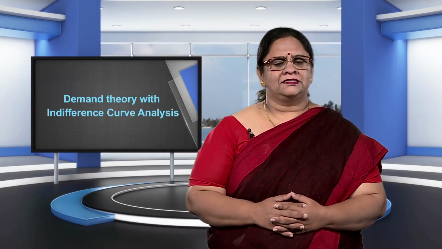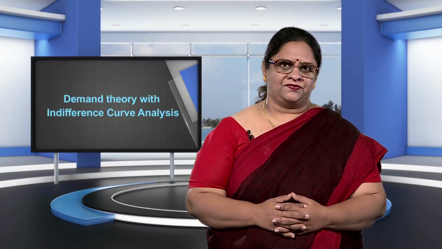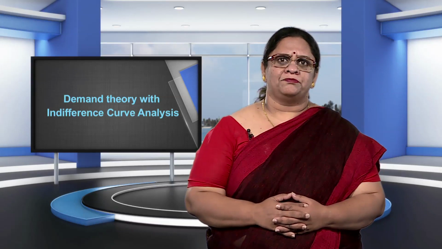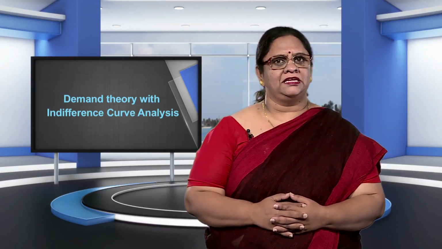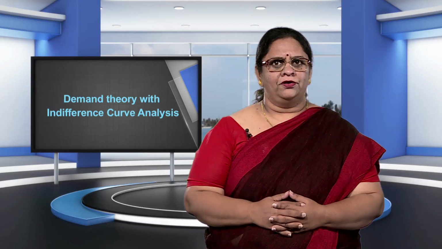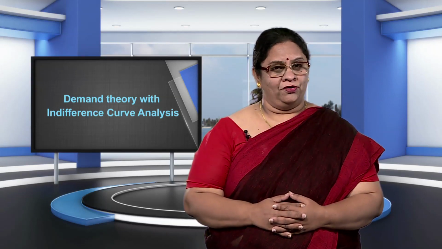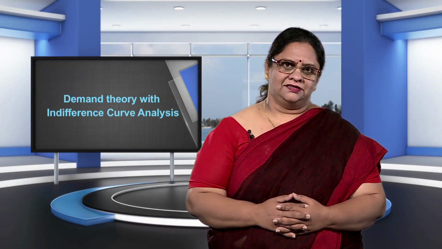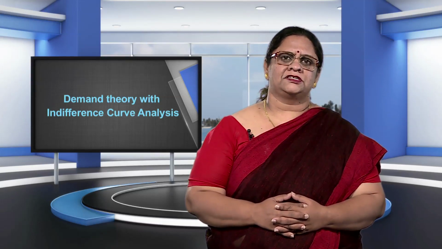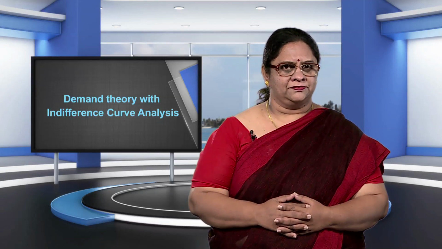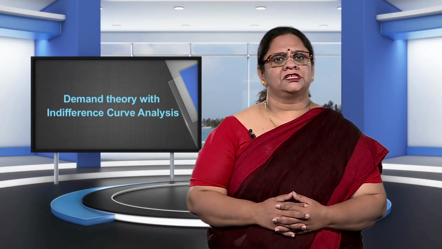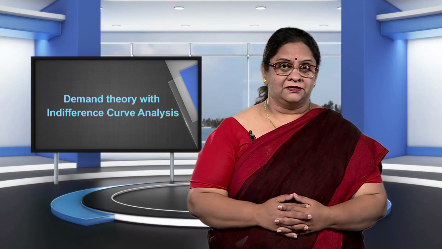The problem is that we cannot really measure satisfaction, particularly, for example, we can't measure the satisfaction we are getting from eating a pizza or a mango or a banana. If utility cannot be measured, it would be difficult to give it a unit like a util. So, measuring total utility and marginal utility becomes very difficult.